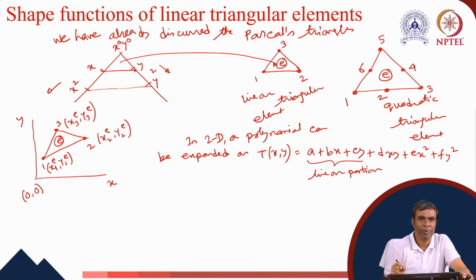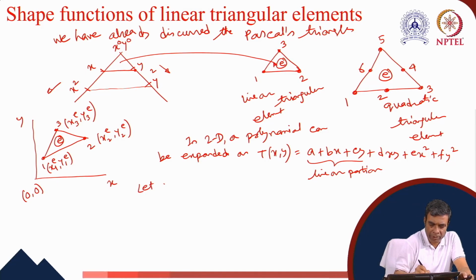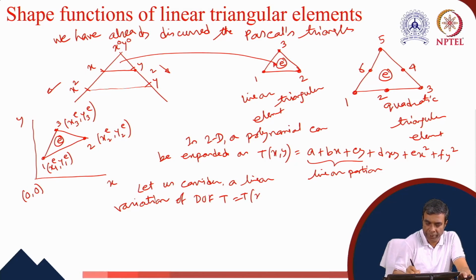Now, here we have written the polynomial directly in terms of the degree of freedom temperature. So let us consider a linear variation of DOF T equals T(x,y) in 2D.